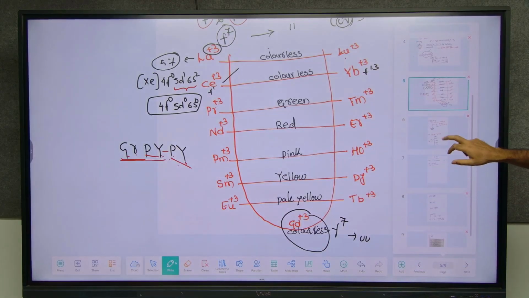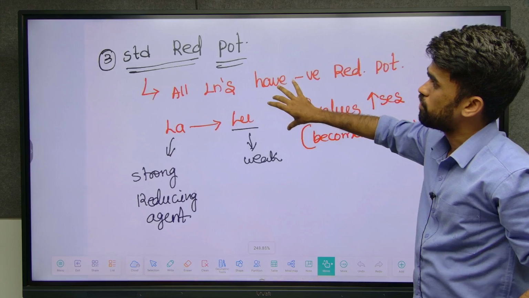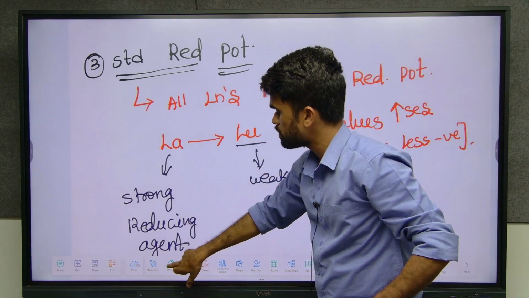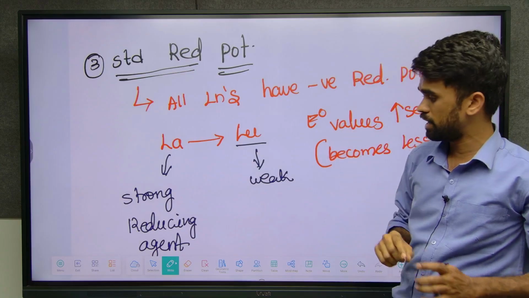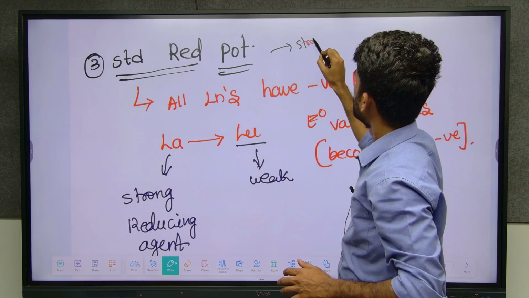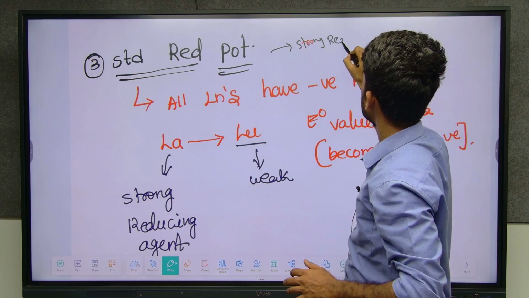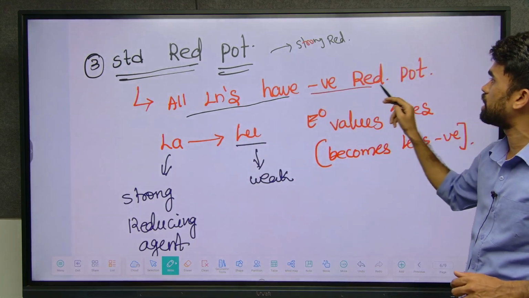Okay, next. Standard reduction potential. For all these elements, the reduction potential will be negative. Negative reduction potential means they act as strong reducing agents. All lanthanides have negative reduction potential.